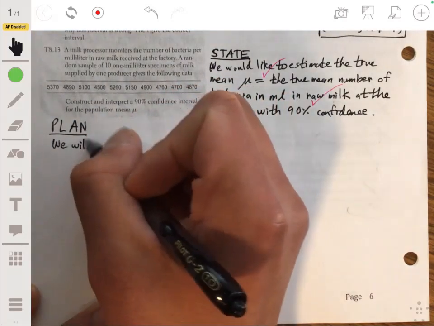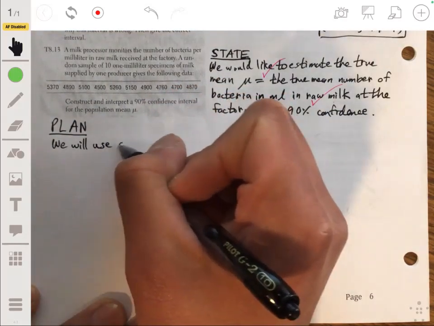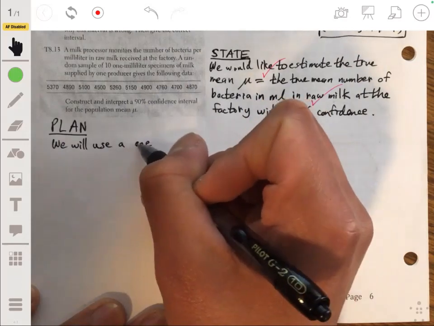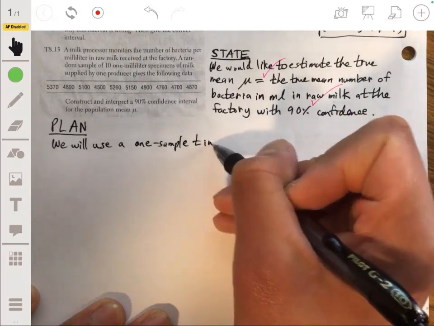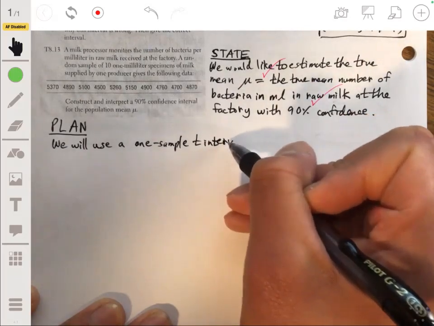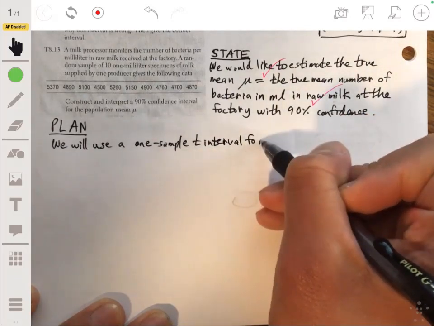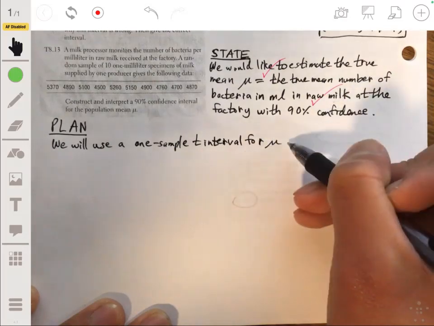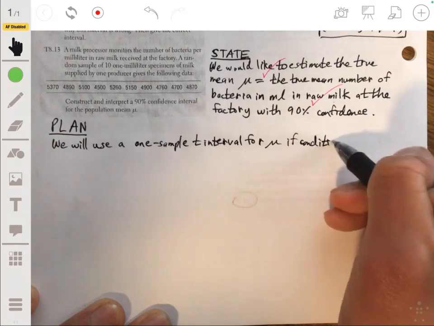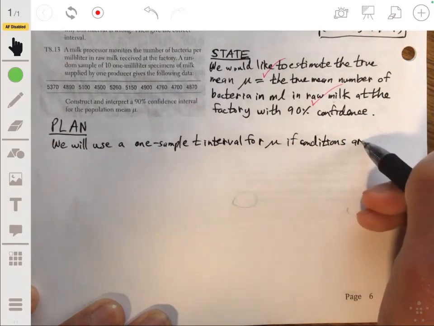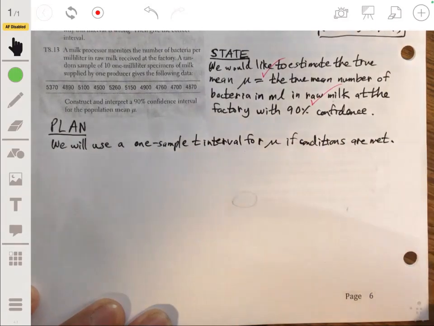So we will use a one sample t interval if conditions are met.